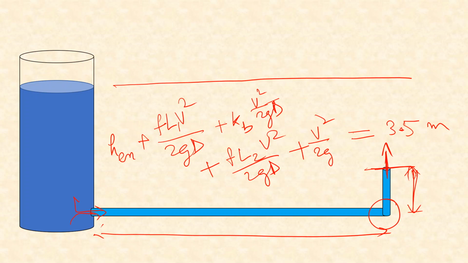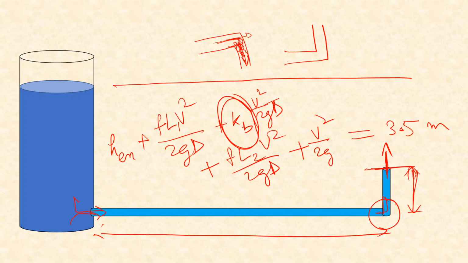Now again, solving this, you can find out what the velocity is. In this case, we have introduced another type of loss, which is K_B. This again will depend on how sharp the bend is. Whatever direction you choose, a sharp bend will cause more turbulence, because water was originally flowing this way, then it will not transition very smoothly to this direction, and there will be some turbulence here.